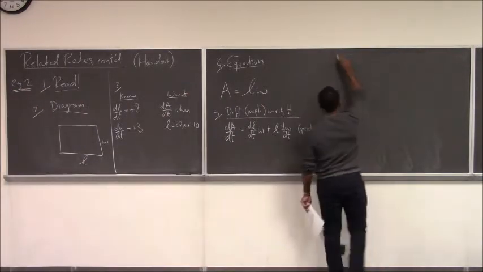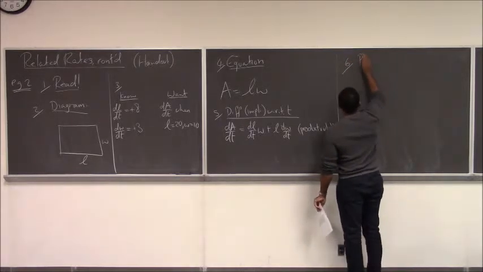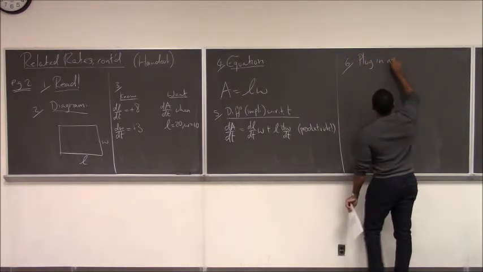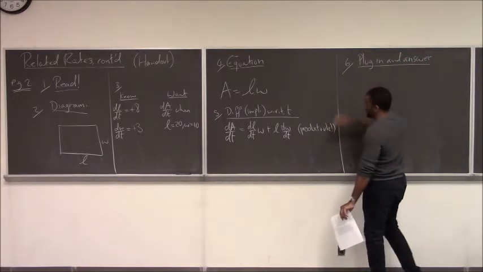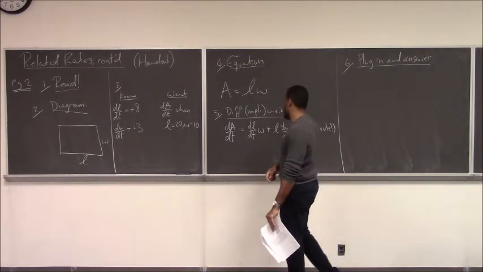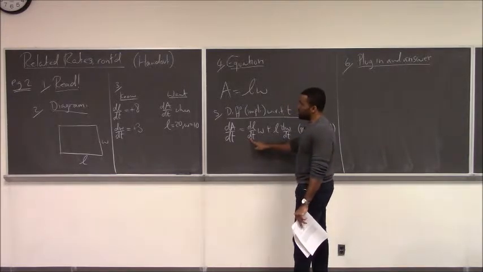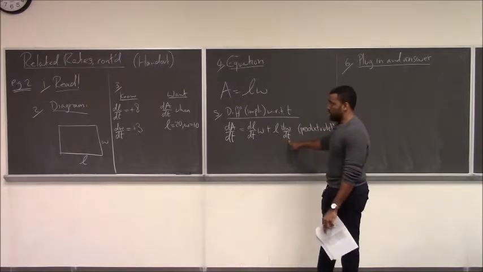At this point, we move on to step 6. Can we answer this problem? So what we need to do is plug in. I go to this formula and I see, do I have all the pieces to find what I want? dL/dt, yes I know, that's 8. W is 10, L is 20, dW/dt is 3.